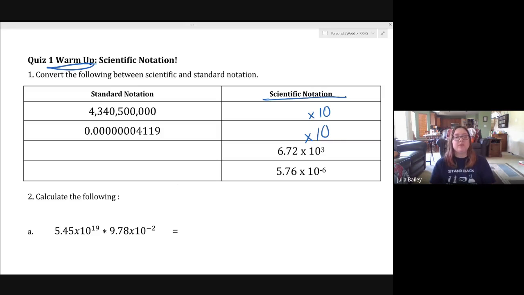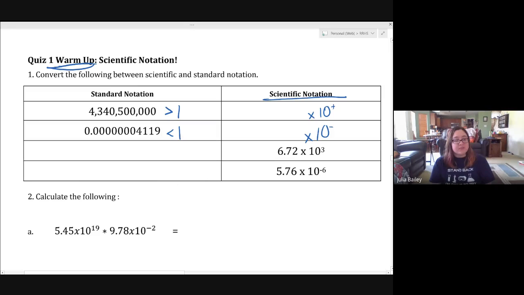From there, when you're looking at the standard notation side, you need to decide if the exponent of 10 is going to be positive or if it's going to be negative. And that depends on how this number compares to 1. If it is a number greater than 1, then you're going to have a positive exponent of 10. And if it's a number less than 1, then you're going to have a negative exponent of 10.